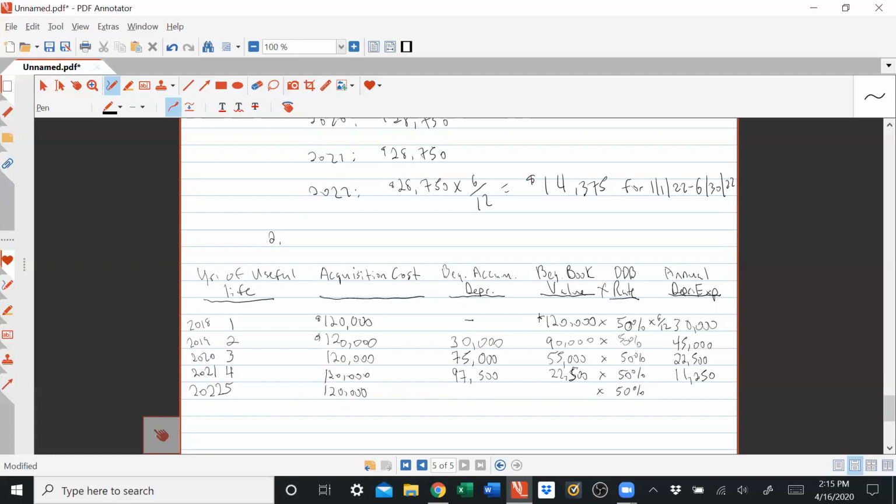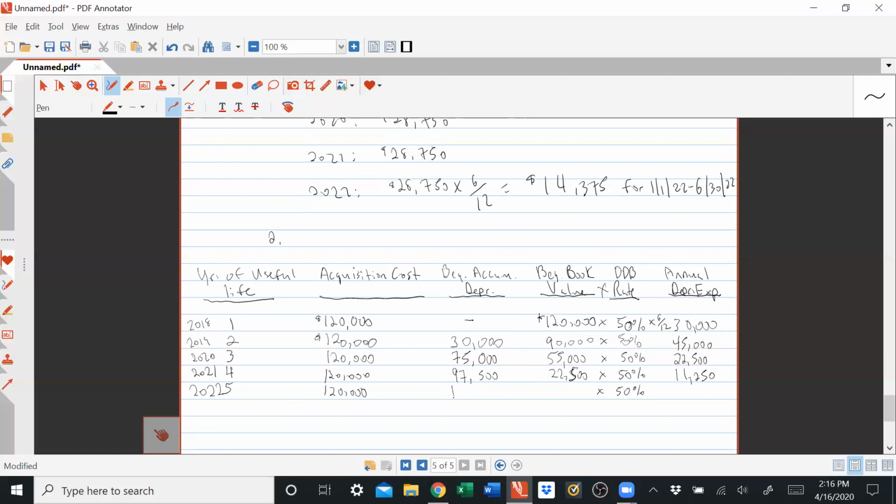Now in 2022, remember we only have the asset 6 months in 2022. Beginning accumulated depreciation for 2022 would be 97,500 plus 11,250.